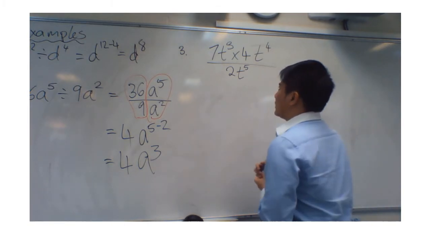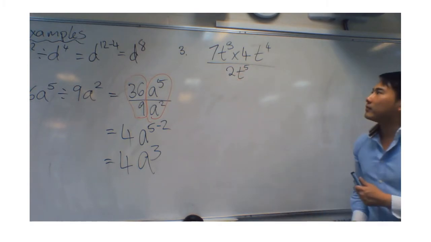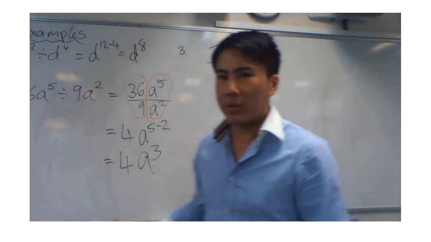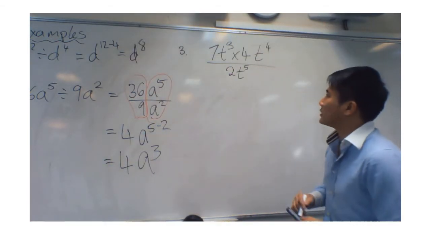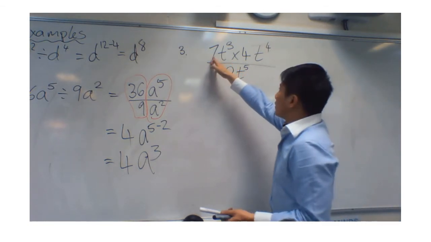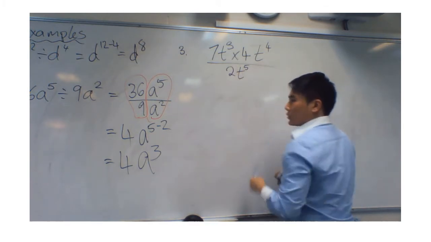What we can see is, I'm always timesing and dividing. We remember, when we're timesing and dividing, we don't care about the order. We can change the order. We're not adding or minusing anything. That's great. Which means I can simply operate with the numbers, and I can operate with the variables.